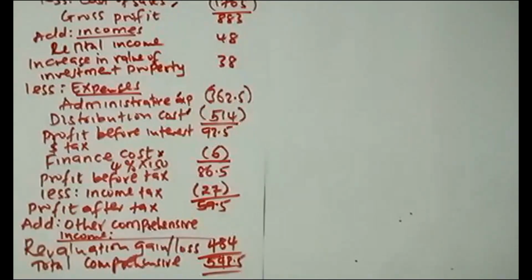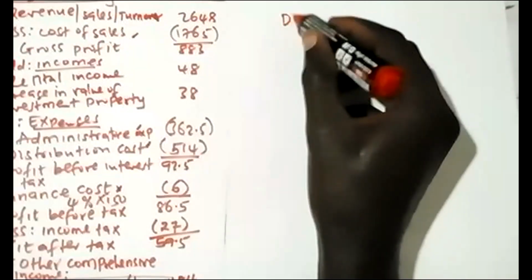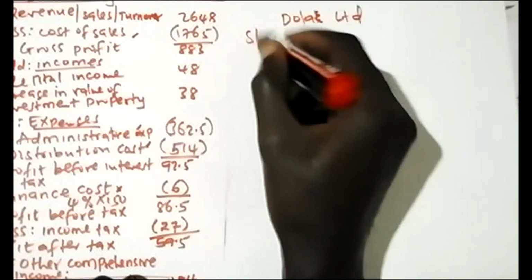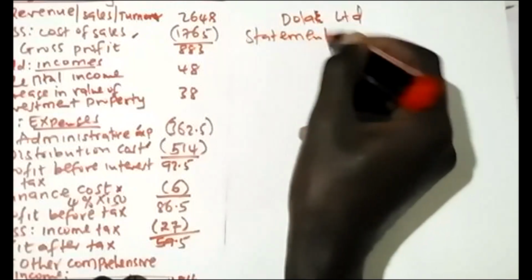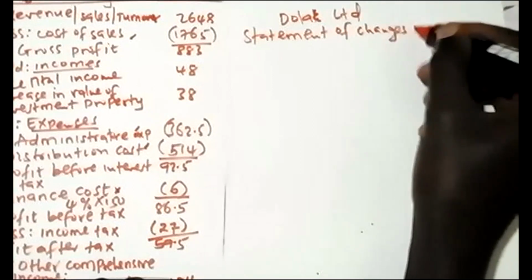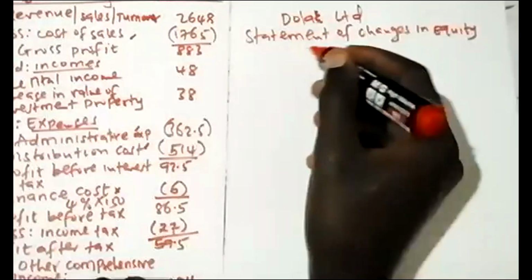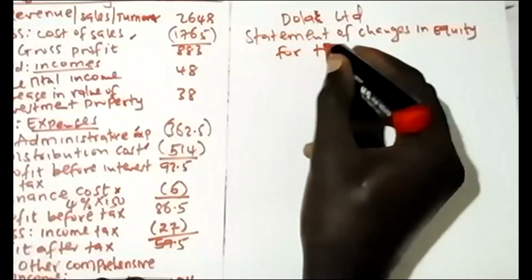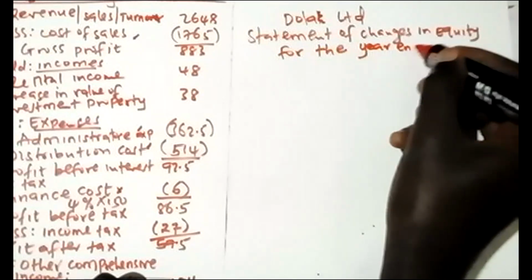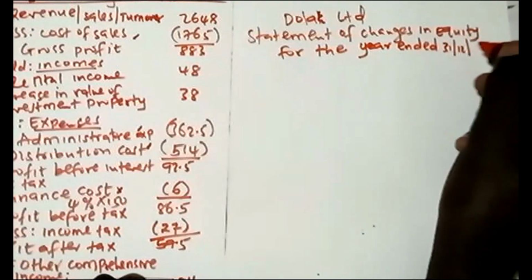So the next requirement was the statement of changes in equity, for Dora Limited, for the year ended 31st December 2014.